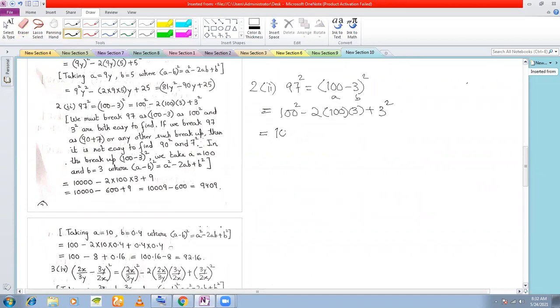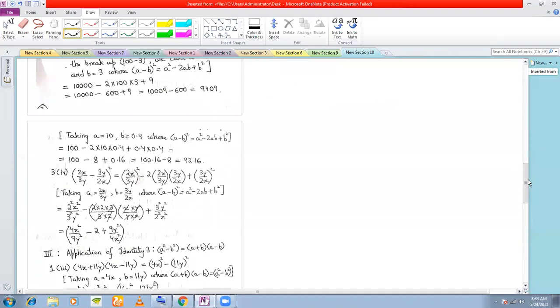So this is 1 and then followed by 4 zeros minus 600 plus 9. Now if you add this, you'll get 10009 minus 600, which is 9409. Okay, so this is how you should be doing this.